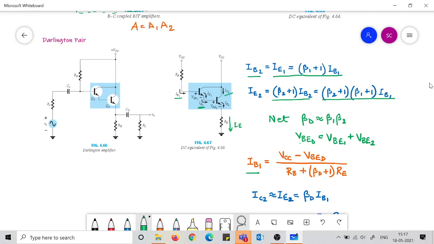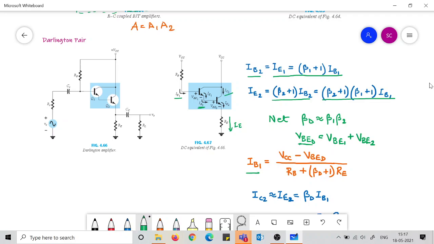As if these two transistors together make a single transistor, and in that single transistor the VBE drop is denoted as VBD, and that is equal to VBE1 plus VBE2. So we use that, and we use this KVL, and we simply are able to figure out that IB1 would be this much.